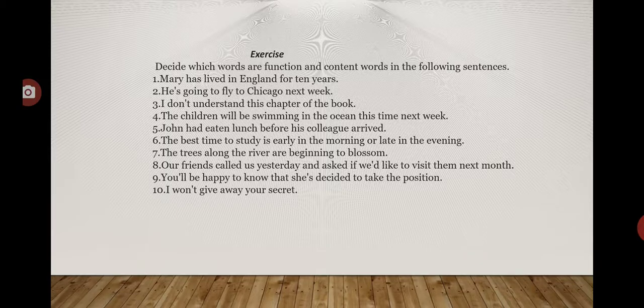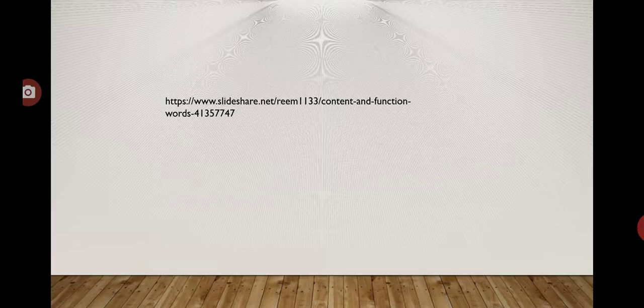Clear? So in the next slide, I just give you a link. You have different materials available on the internet, but it's simple. A SlideShare link I share here. You just go through all these points.